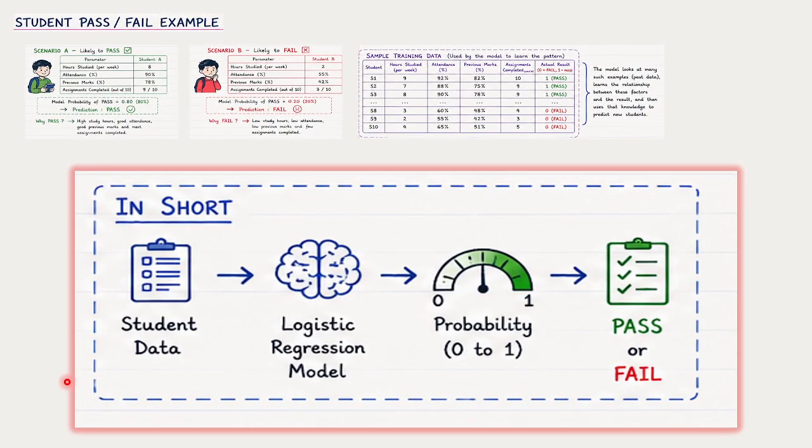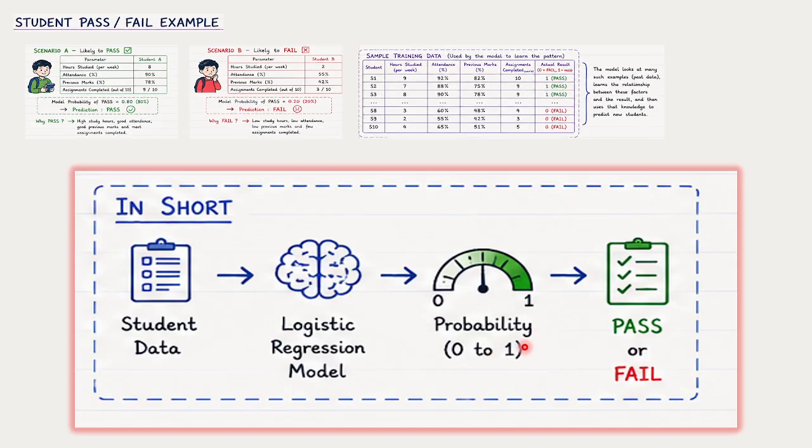If we want to understand the complete process in short, first we have student data, right? We give the student data to the logistic regression model, and we use this data to train the model. The model performs some calculation based on the learned coefficients and the patterns, and then it calculates a probability.